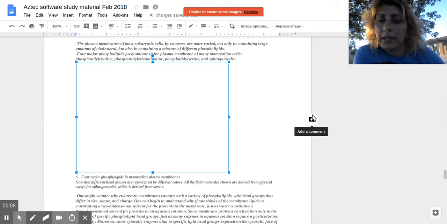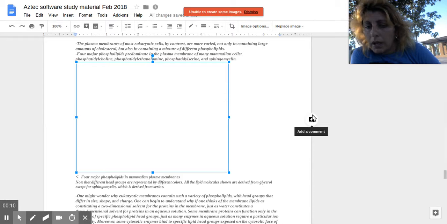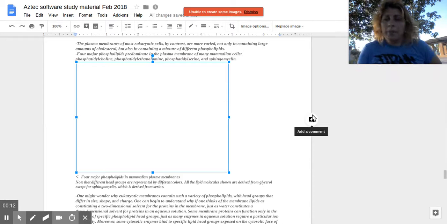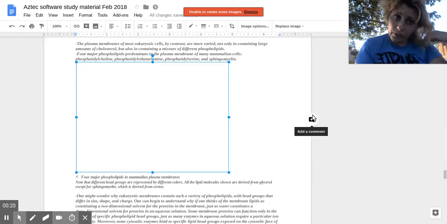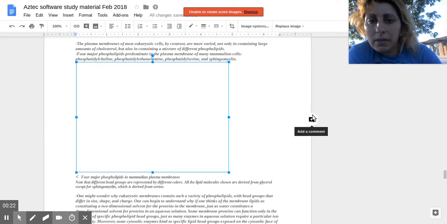We were learning about plasma membranes. So the difference between membranes of eukaryotic cells versus bacterial cells.